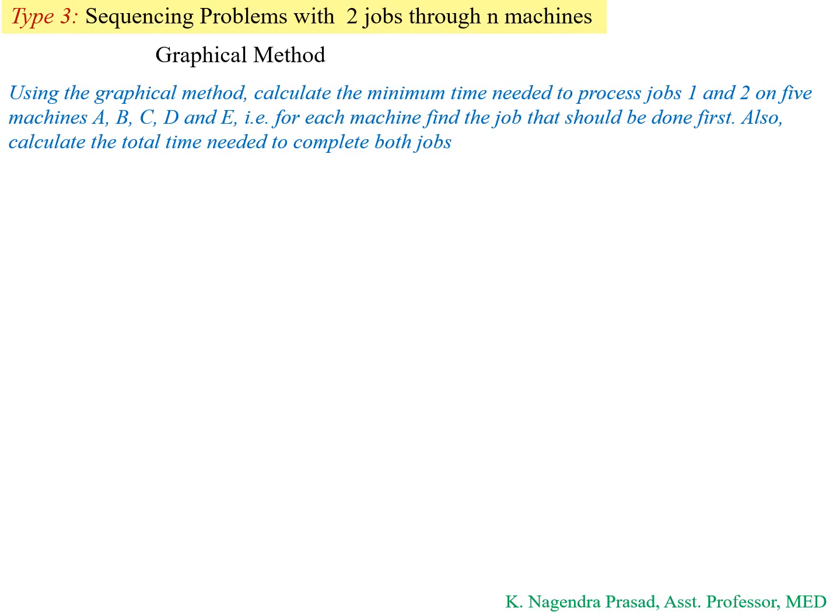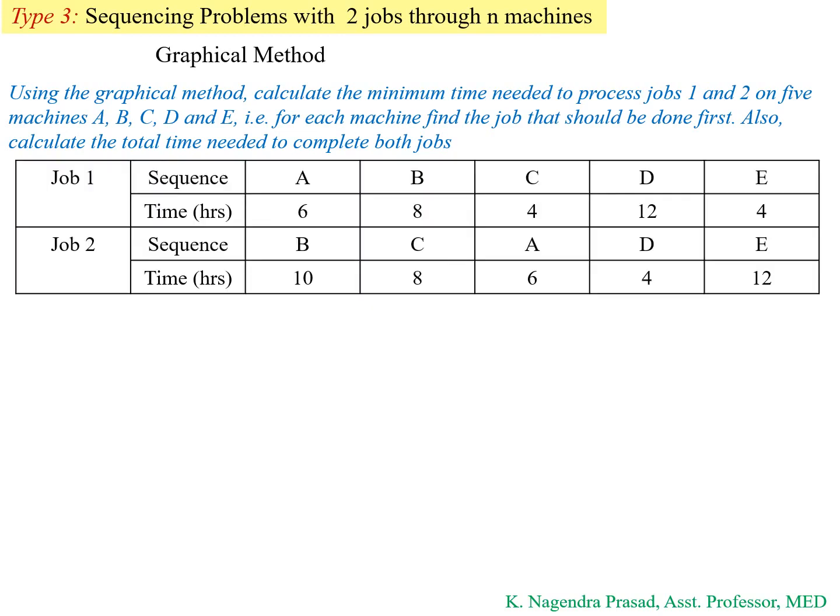on 5 machines A, B, C, D and E. For each machine, find the job that should be done first. Also calculate the total time needed to complete both the jobs.